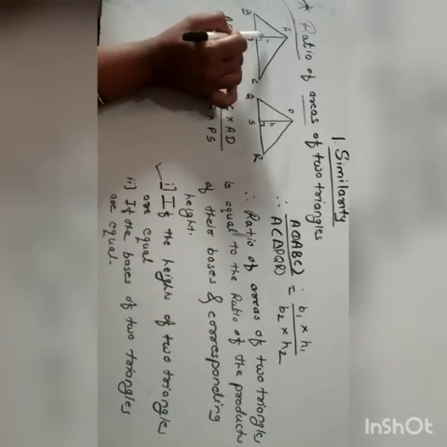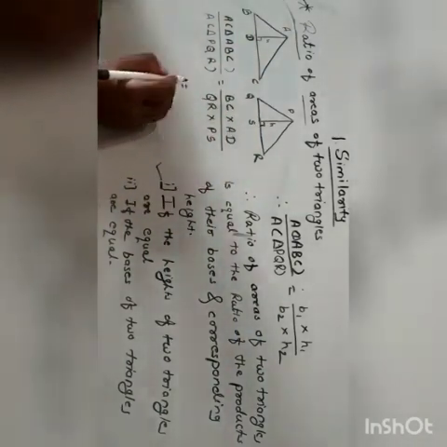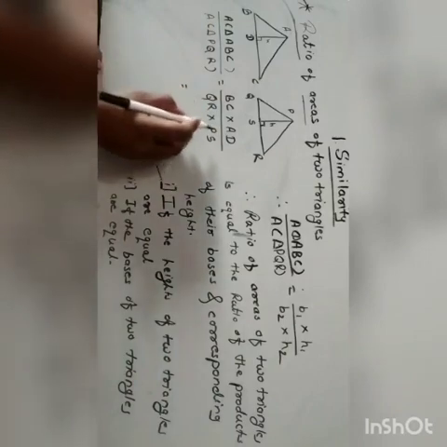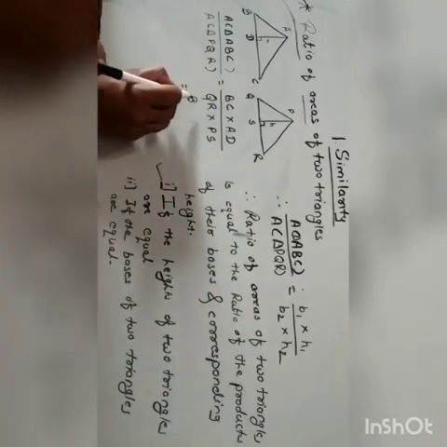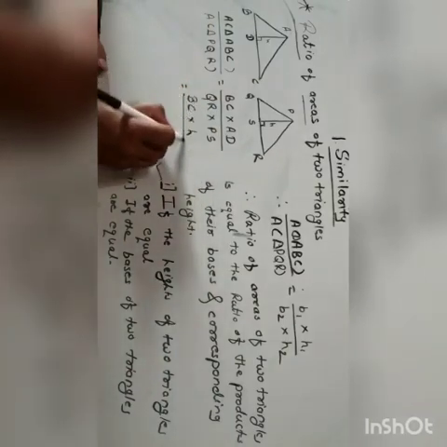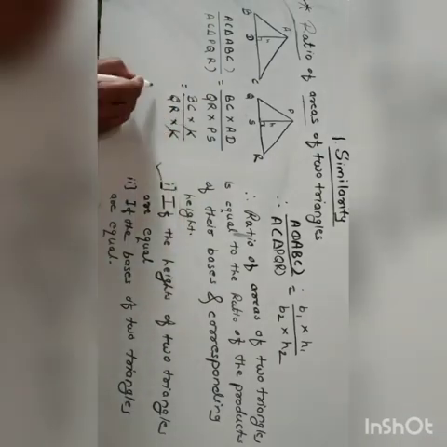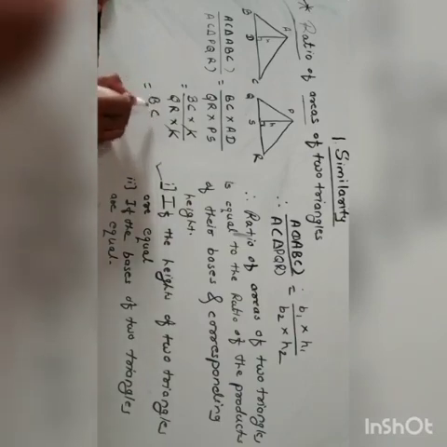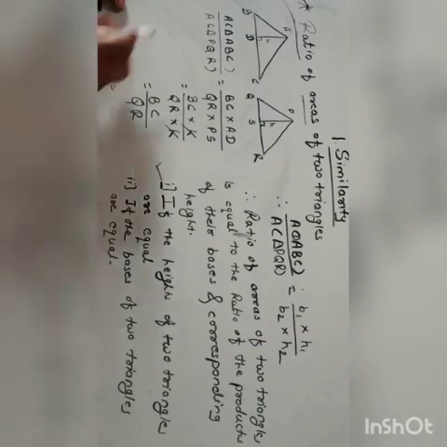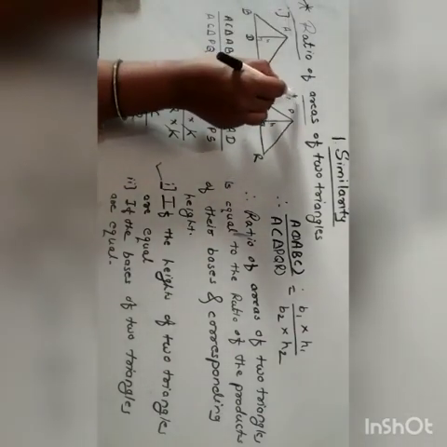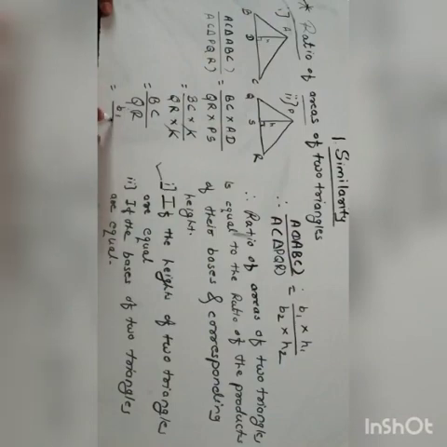Just now we saw that AD is equal to H and PS is also equal to H, because both have the same height. So instead of AD and PS, we write H. So BC into H upon QR into H. The heights get cancelled. So what we get here is BC upon QR, which are the bases of the first and second triangle, so B1 upon B2. Understood? Note down this.